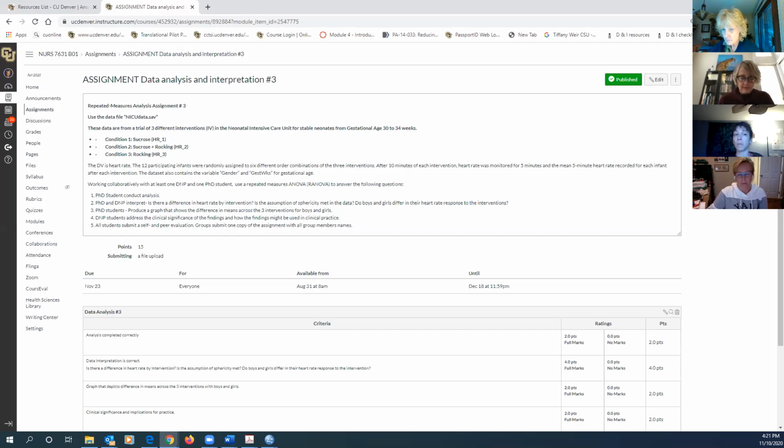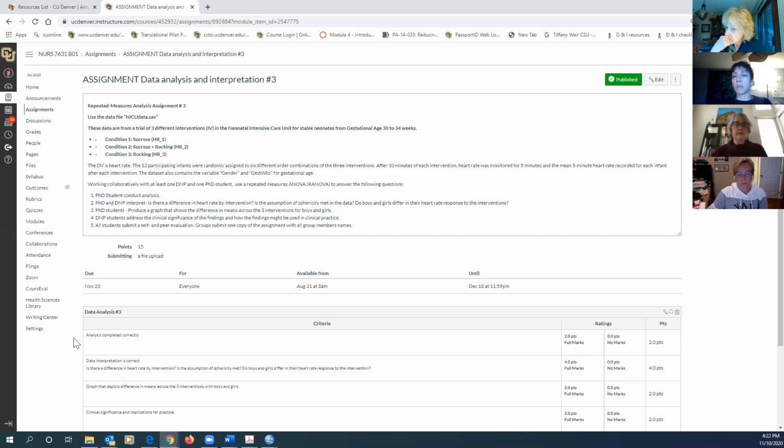But when we use the assignment data, yes, the conditions that you described, trial 1, 2, 3, we enter them and match them to trial 1, 2, 3. And then, I'm not sure if my memory is completely spot on, but in the between subjects box, you put the gender and you put the gestational age in there.